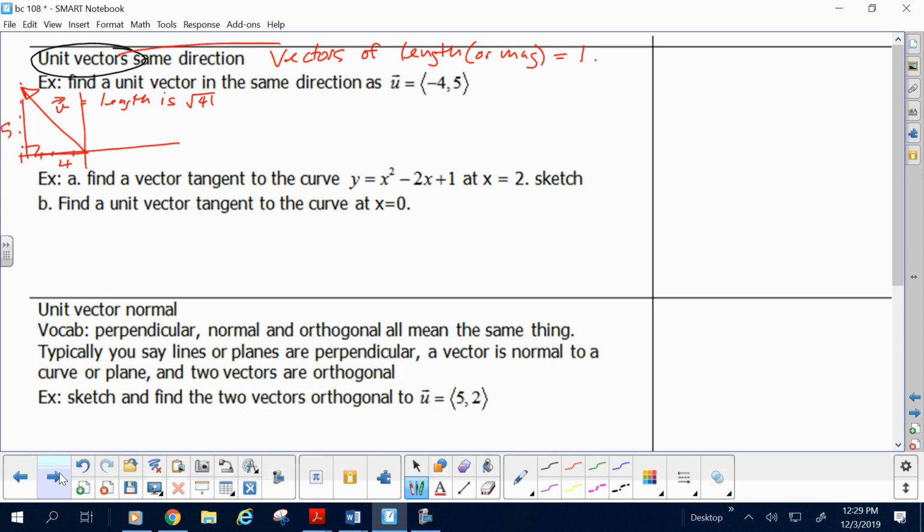You want it to be one. Think of it in terms of a similar triangle. You want to divide by a factor of 1 over root 41. What do you divide? Each of those. By using these again, the direction stays the same, but by dividing by the magnitude, it shortens it up to 1 unit long.